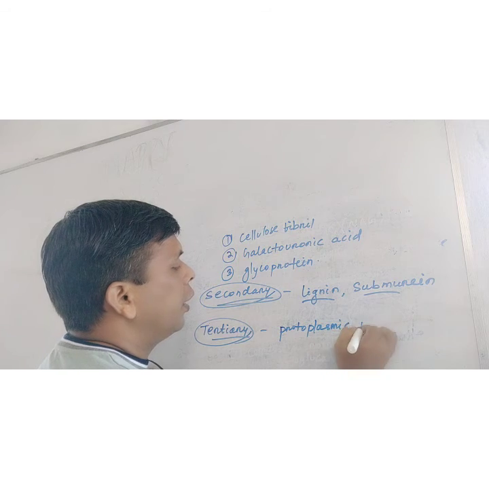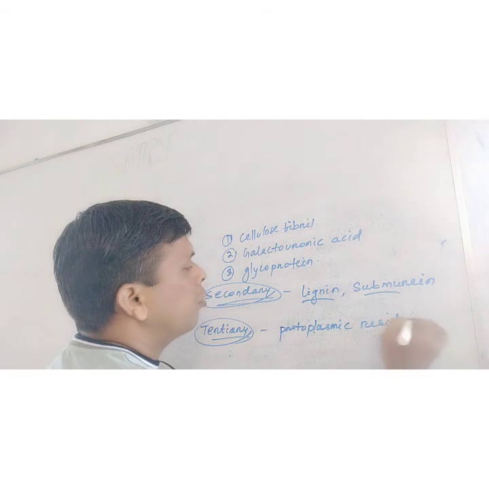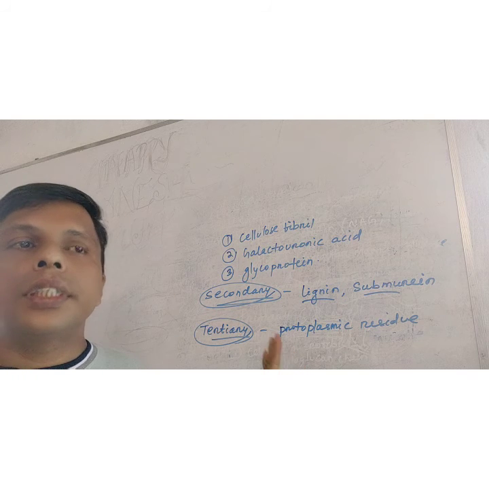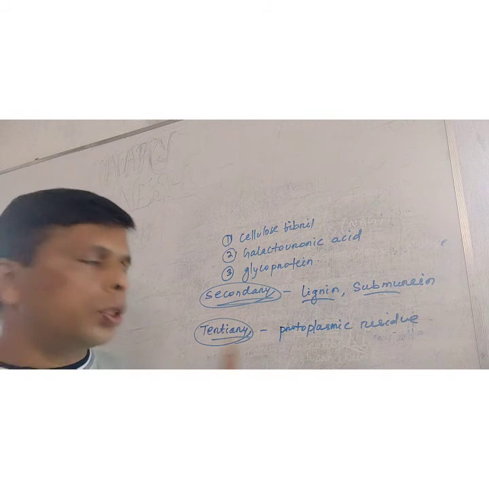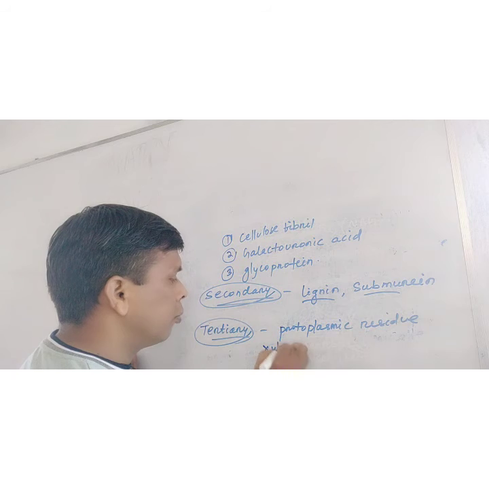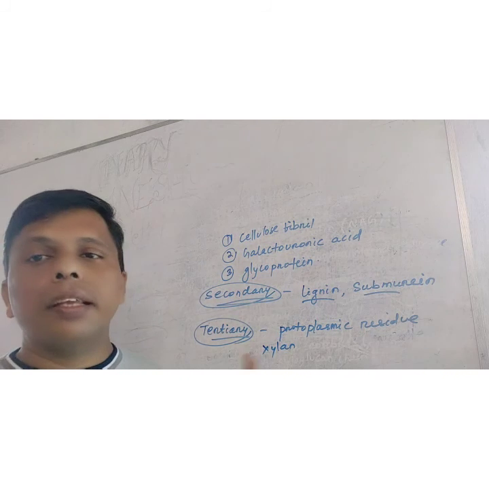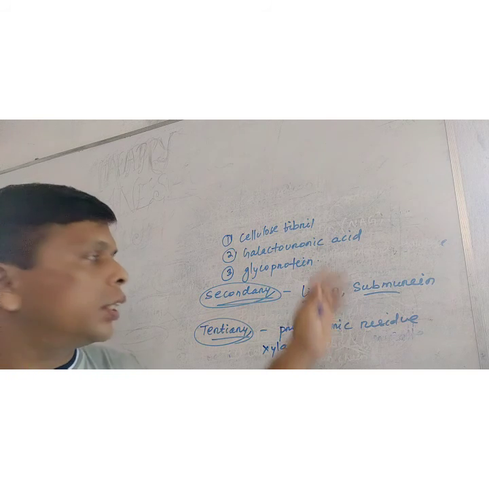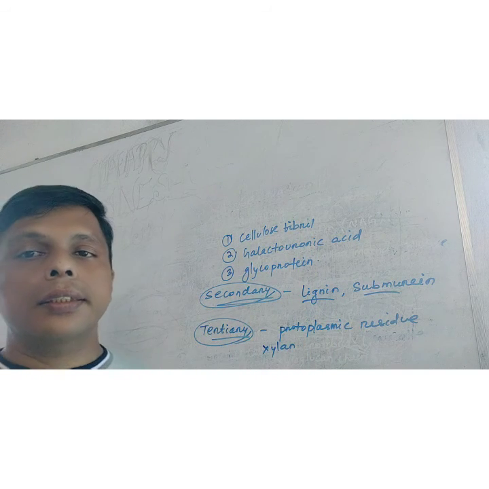Except cellulose and hemicellulose, it also possesses xylem. These are present in the tertiary cell wall. So this is all about the layers.